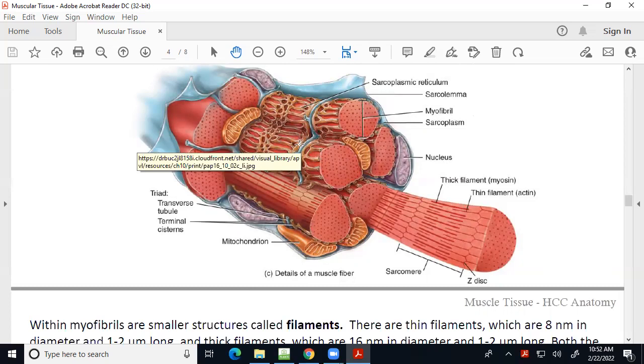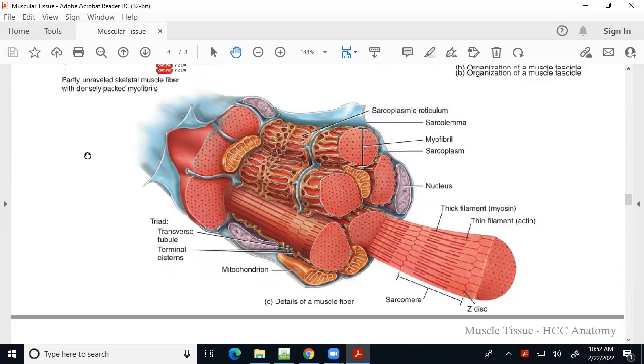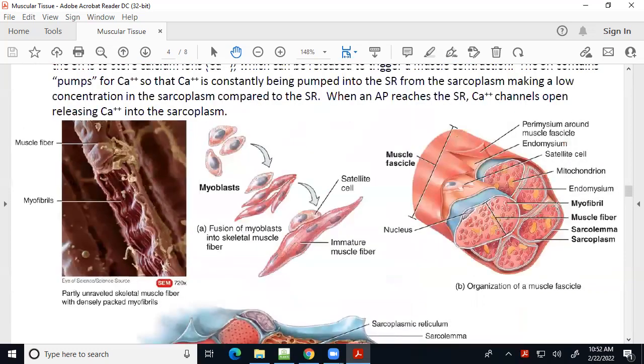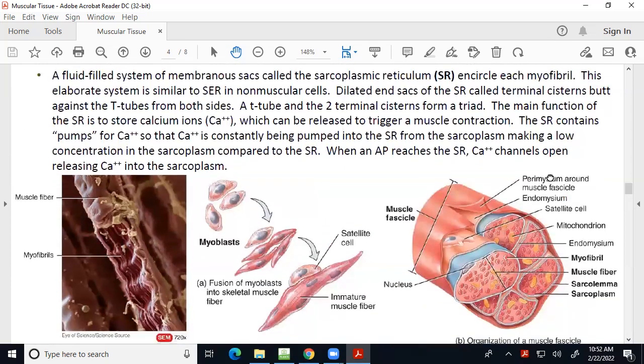Those two fattened ends on both sides of a T-tube of the SR are called terminal cisterns. When you put those three things together, that creates what's called the triad: the T-tube on the inside and then two terminal cisterns on both sides. Without the calcium released from the SR, a muscle won't contract. We'll find out why that is in our next couple of slides.